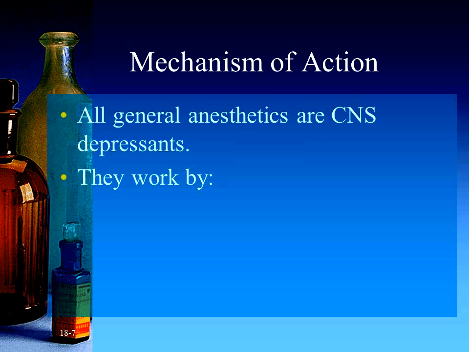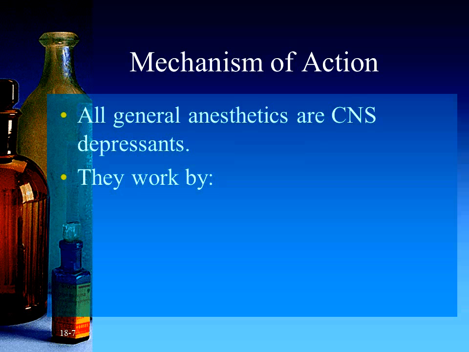Most, as we said, inhibit the CNS, and how they work is by working with those membrane ion channels. So they block ions from crossing over the cell membranes and therefore decrease excitability of the central nervous system. They bind with what we call those GABA receptors, and then they decrease the excitability of the brain cells.